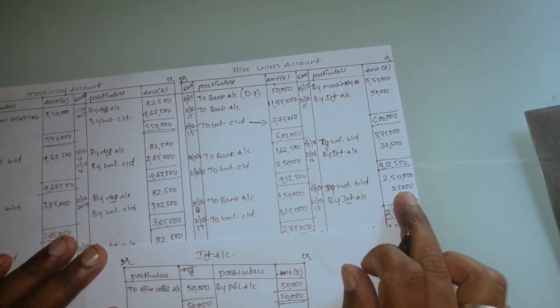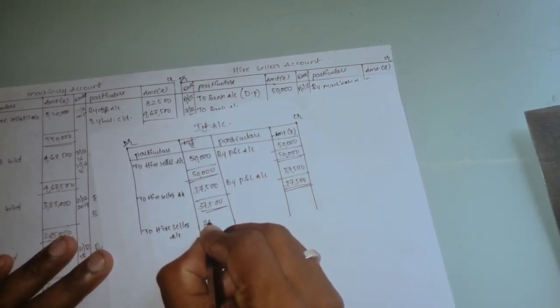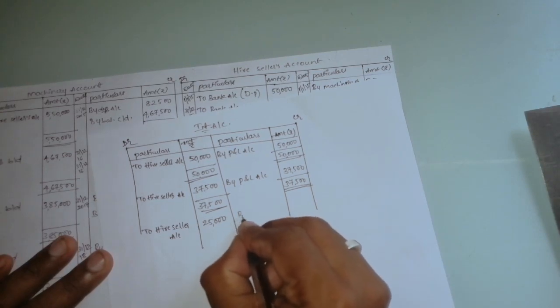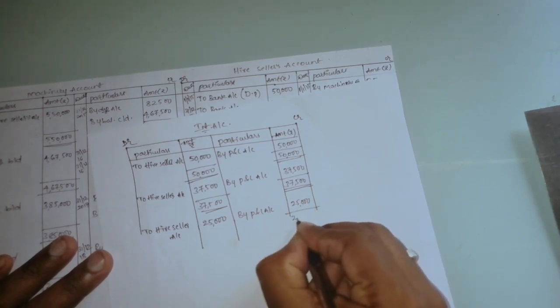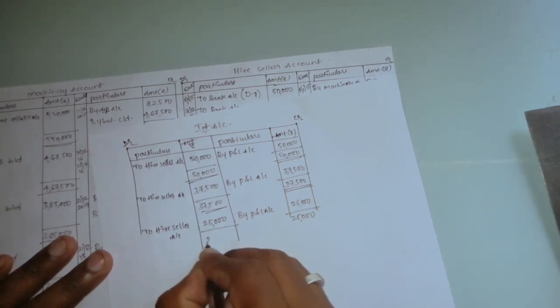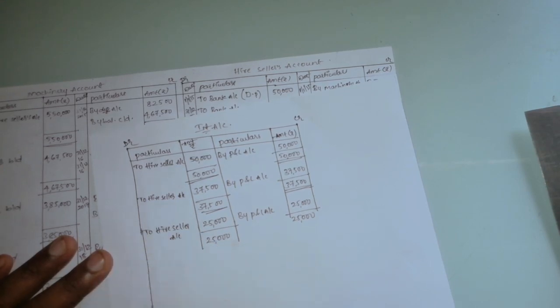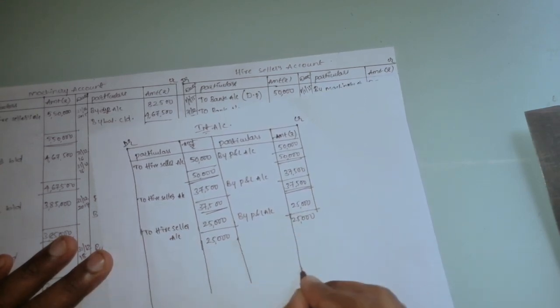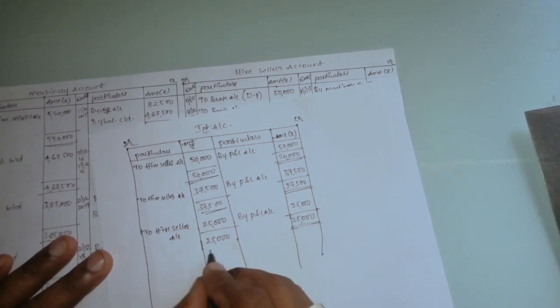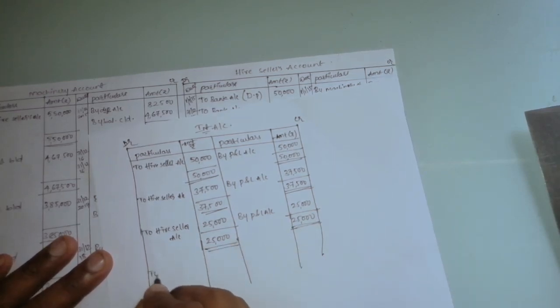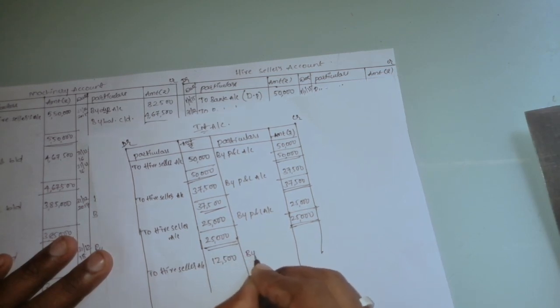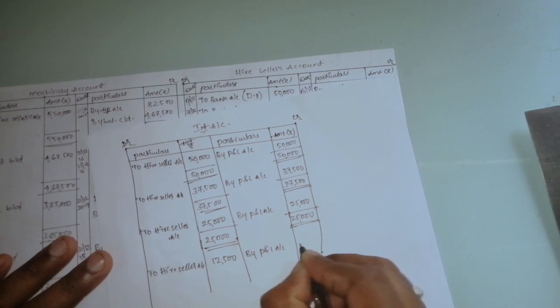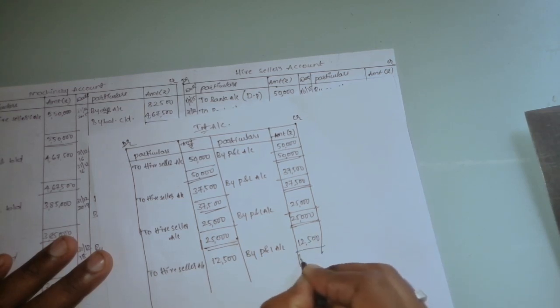Third year interest is 25,000, by profit and loss account, 25,000. Then last year interest to hire seller account, 12,500, by profit and loss account, 12,500.